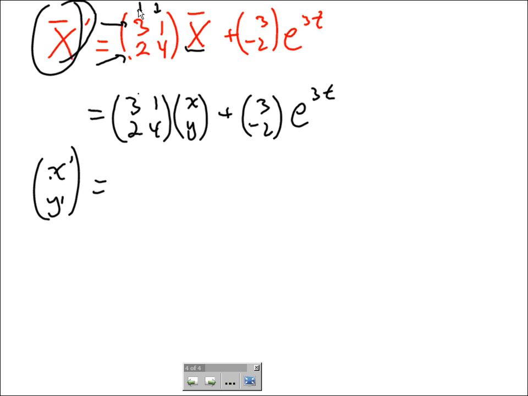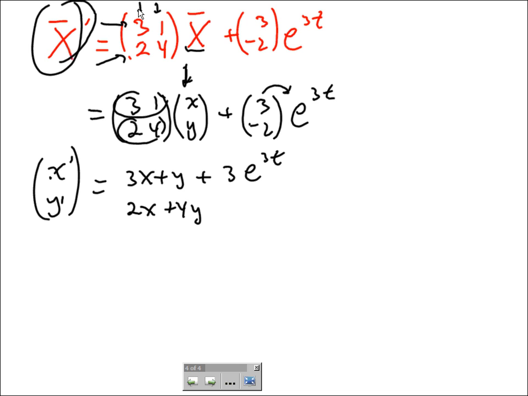Okay, now remember that that really means x prime, y prime equals this row times that column is 3x plus y. Don't forget to add on 3e to the 3t. And this row times that column is 2x plus 4y. And don't forget to add on negative 2e to the 3t. I'd only give you 90% credit here.